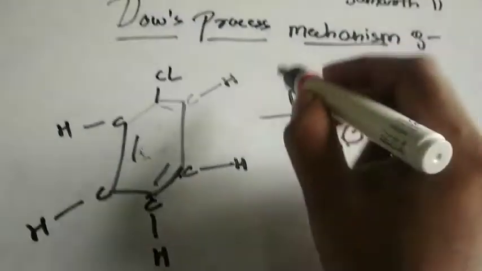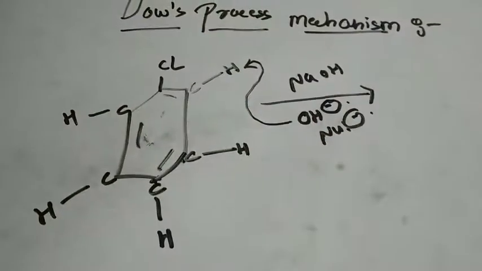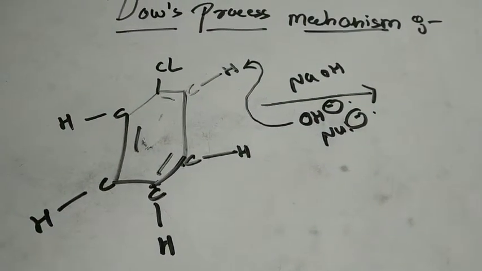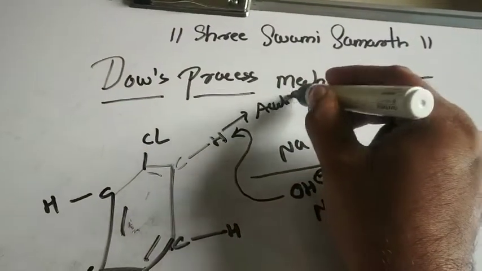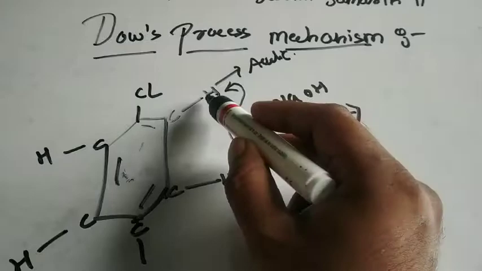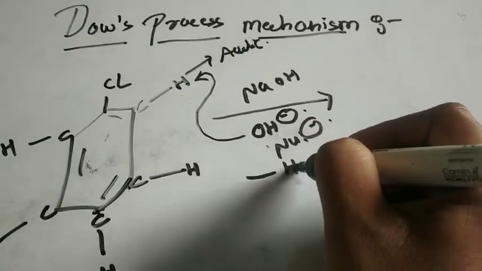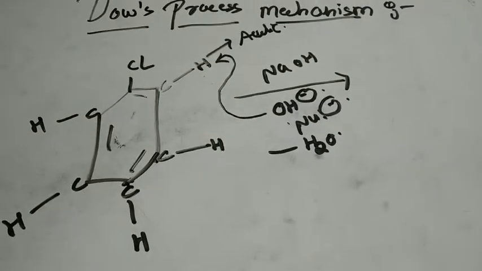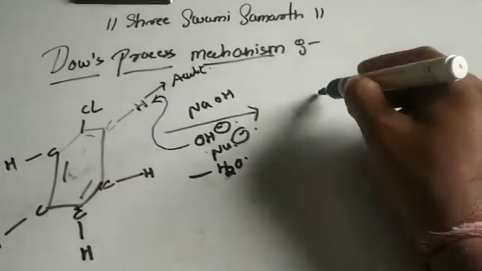This nucleophile will donate the electron to the hydrogen of this carbon, right? And as this hydrogen is acidic in nature, this hydrogen will get combined with this OH and it will get eliminated as H2O, right? So it will take away its electron and it will go. So what will happen in the next step?